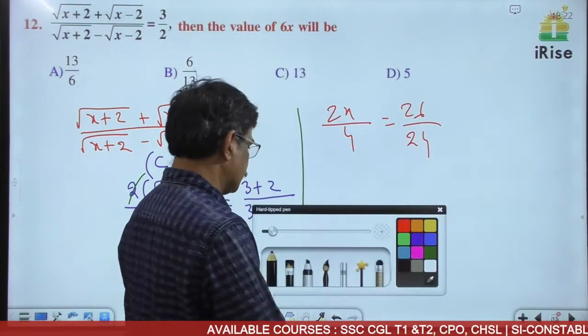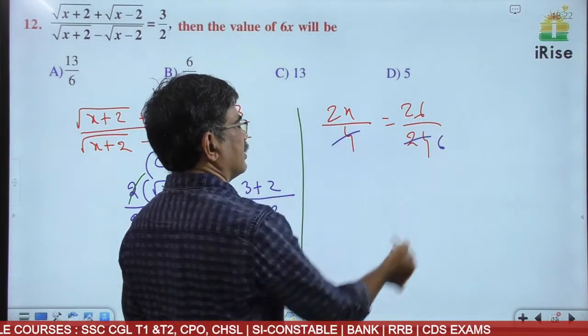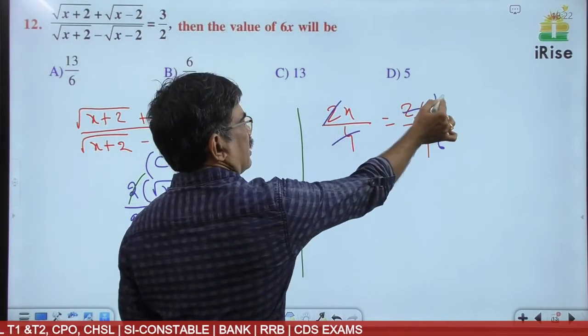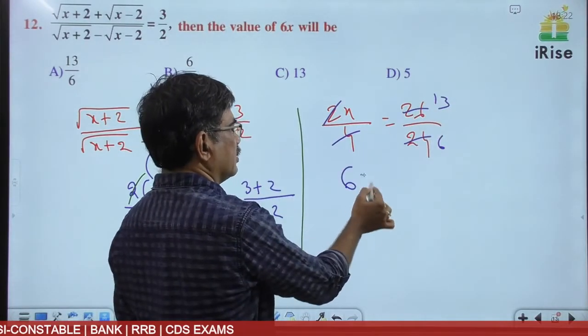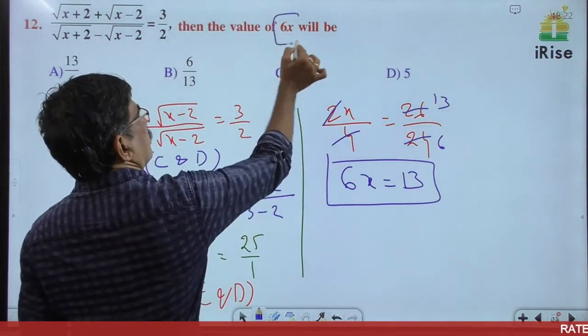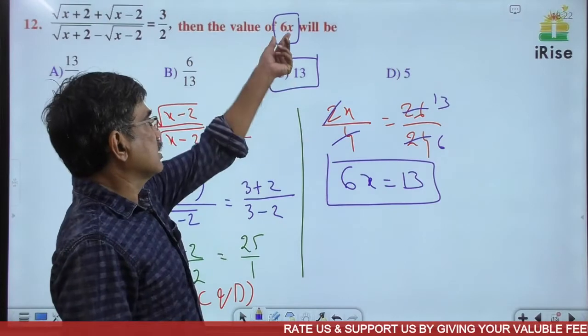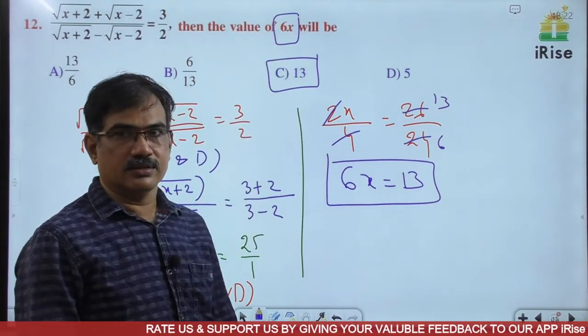Then 4 ones are 4, 6 cancel, 2 ones are 2, 13s cancel. Cross multiply, 6x is equal to 13. They want the 6x value, which is 13. This is the answer. Okay, 6x is equal to 13.